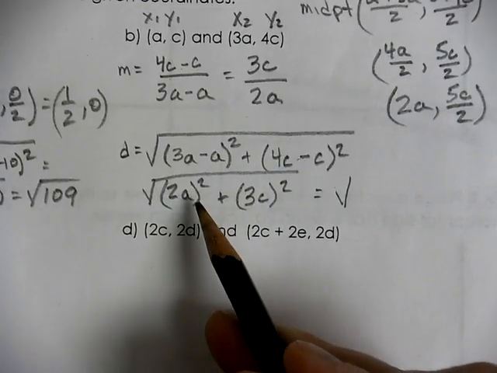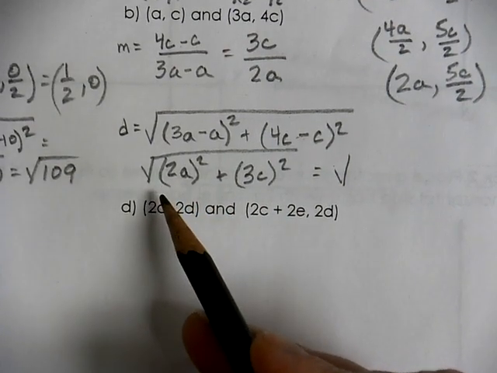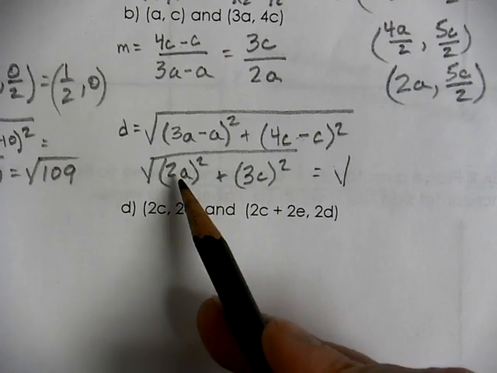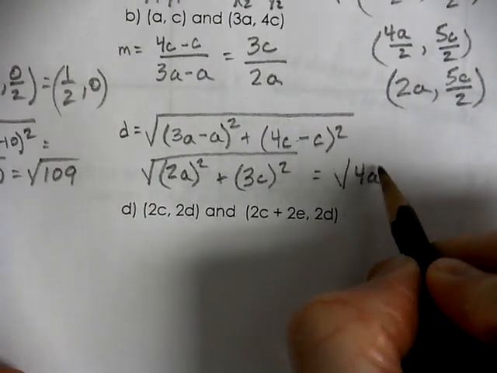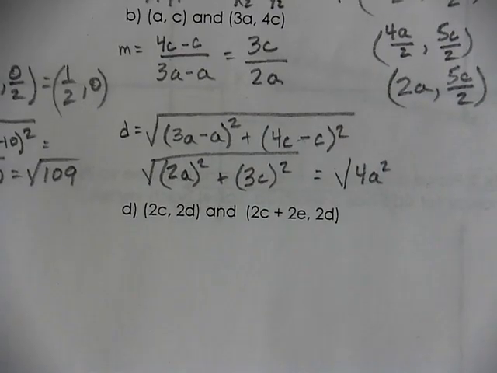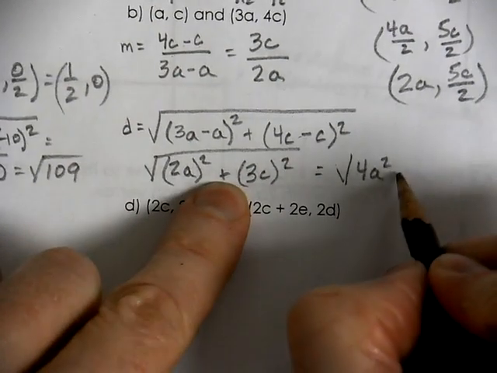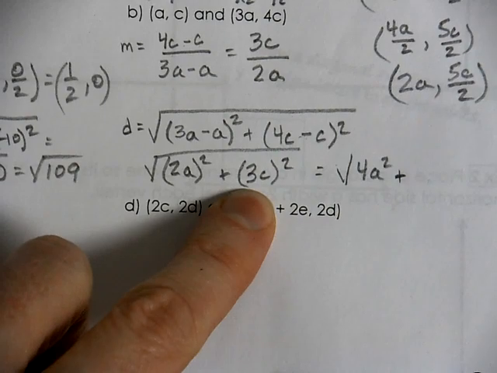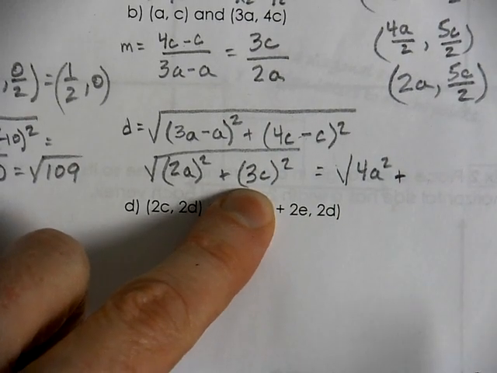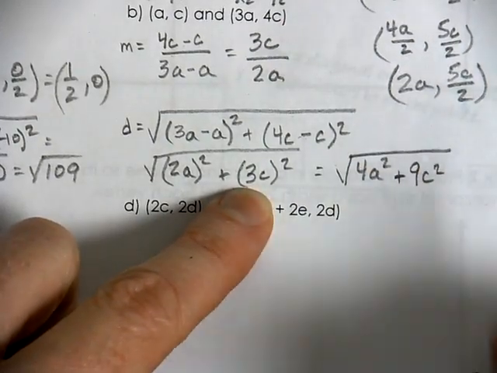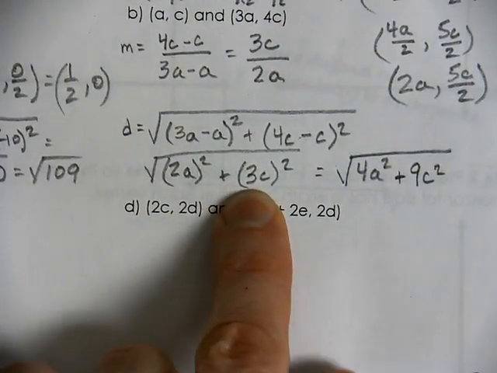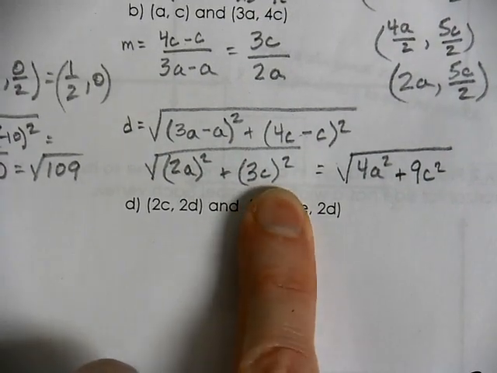Now, when you square 2 apples, or 2a, that is 2a times 2a. So that's 4a squared. If that's all we were going to do, we could take the square root of 4a squared. But because we're adding another part, you cannot take the square root of this. 9c squared. 3 times 3 is 9, and c times c is c squared.